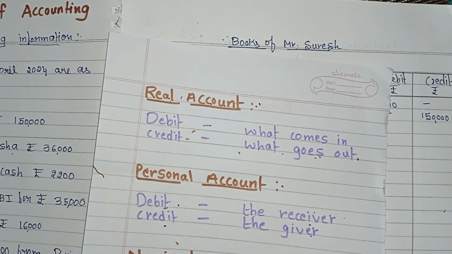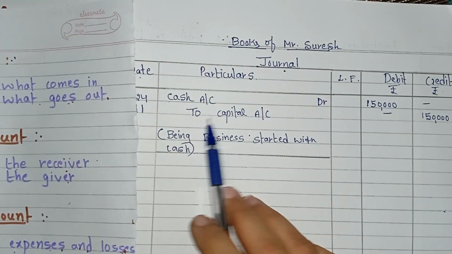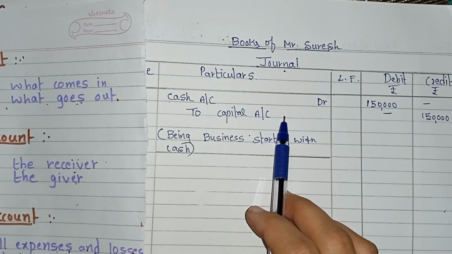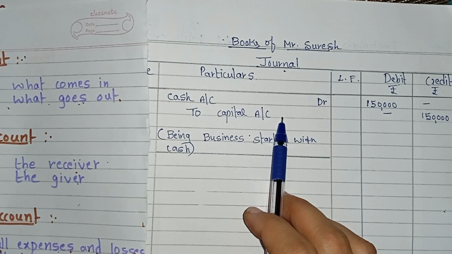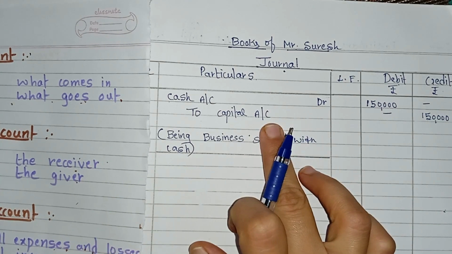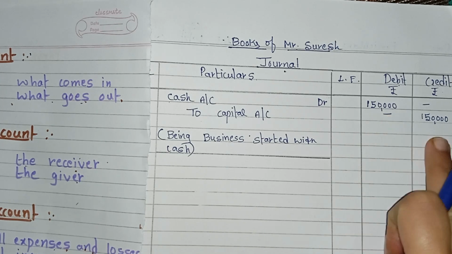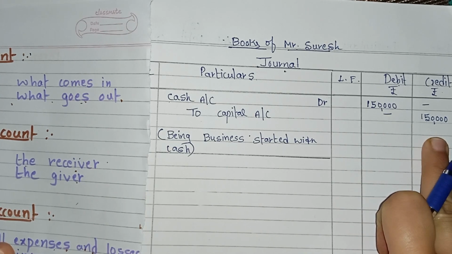Cash is coming into the business, so we need to debit the cash account. Cash account debit to capital account. Here the owner contributes the capital, so the capital account is credited. The debit amount is 1,50,000 and the credit amount is 1,50,000.